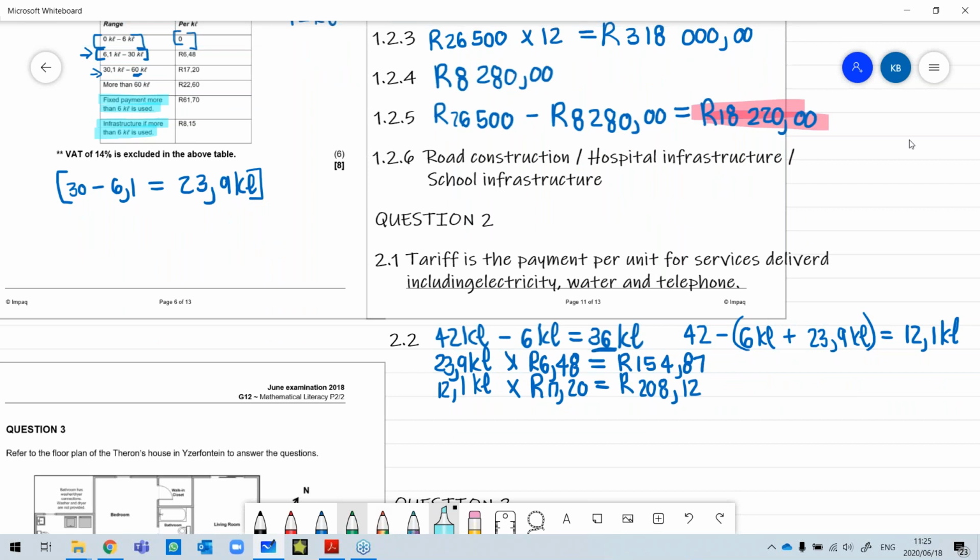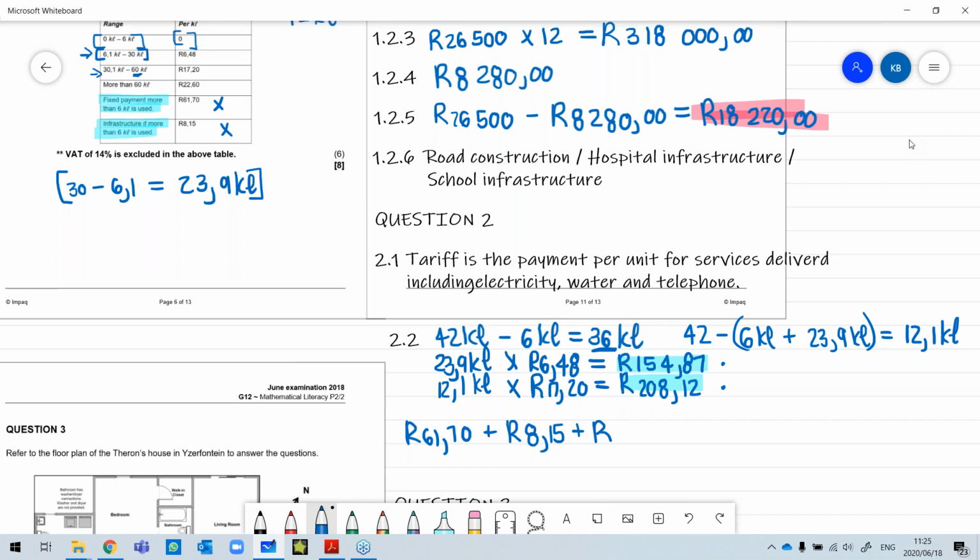First of all, we are going to say 61 Rand 70 cents, which we've got over here. That's the fixed payment. To that, we add the infrastructure payment, which is 8 Rand and 15 cents. To this, we add these two values, remember, the two values that we pay towards the water that we have consumed.